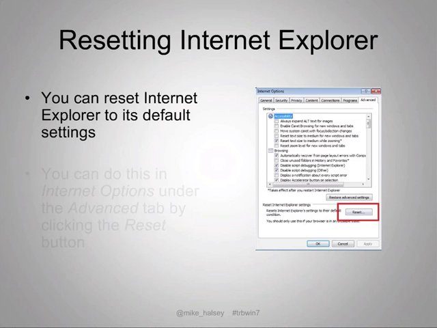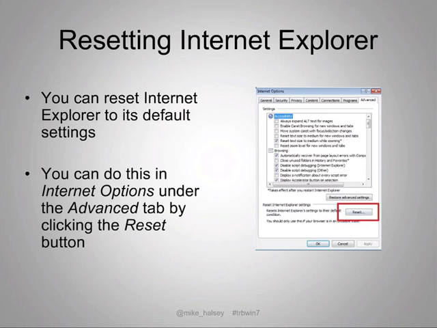Now, the important thing to note here is that you won't lose all your internet favorites. You could lose your logins for some websites, but your internet favorites will be safe because they're stored separately in your user folder. They're not integrated into the Internet Explorer files themselves. And this is a really good way of getting Internet Explorer working again if it fails to operate.